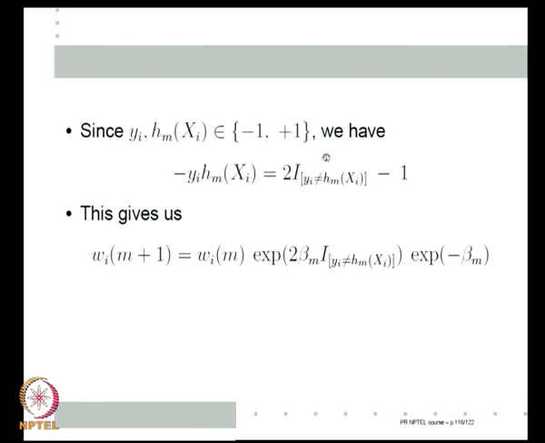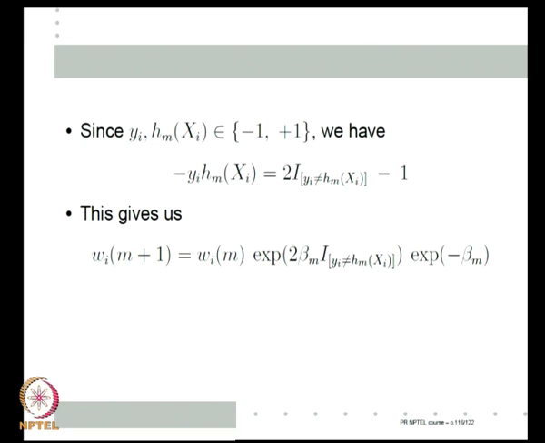There will not be any minus because this minus yi hm xi is what is given by this. So, 2 beta m indicator of this, into this minus 1, will simply give me exponential minus beta m. Now, the 2 beta m is exactly equal to alpha m. So, this is w_i^(m+1) is w_i^m exponential alpha m I yi not equal to hm xi, into some exponential minus beta m.